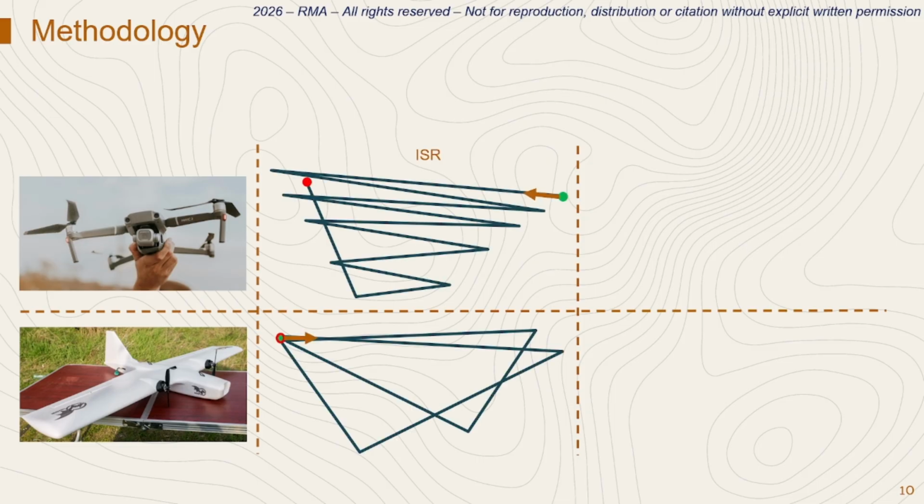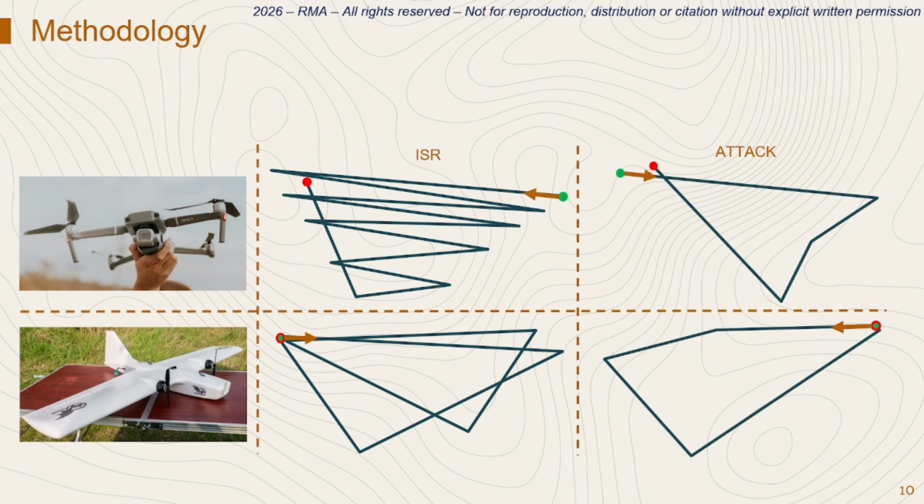On the one hand, the ISR scenarios, the intelligence, surveillance, and reconnaissance scenarios, which are basically observation scenarios, and on the other hand, the direct attack scenarios. Due to their fundamental differences in how they generate lift and how they fly, the rotary wing and the fixed wing drone will execute slightly different scenarios for each type.